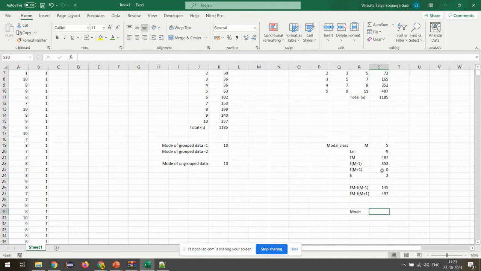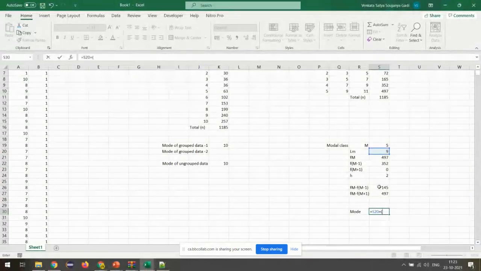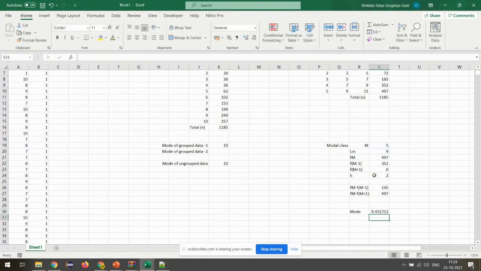Okay, so the mode, now let me calculate again: the lower limit plus the numerator, which is the difference of these two, divided by the sum of these two, whole multiplied with the h, is 9.4.